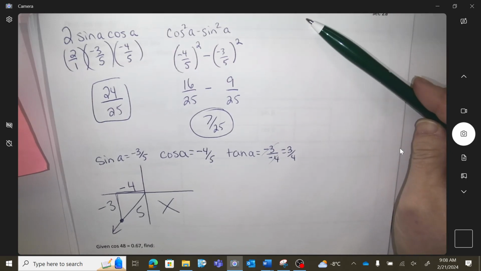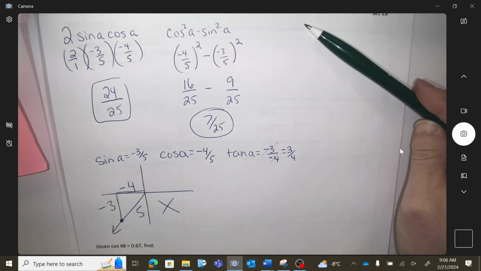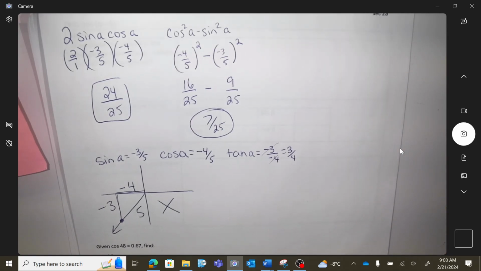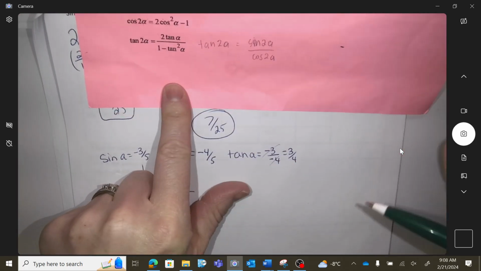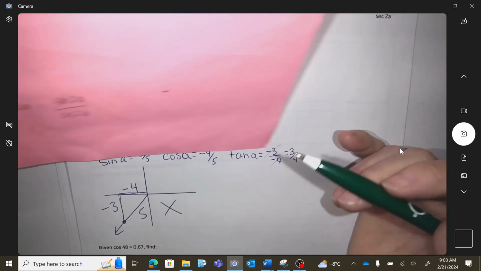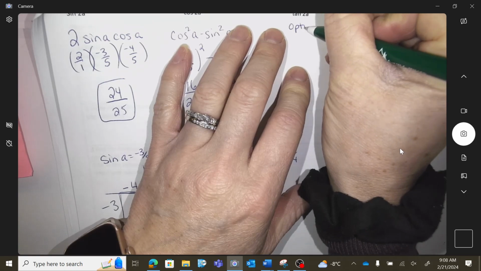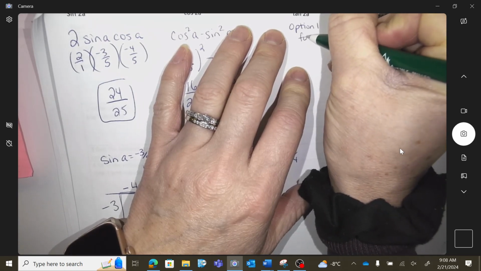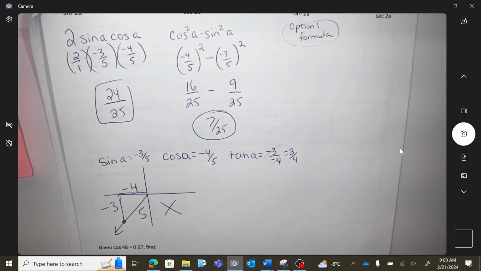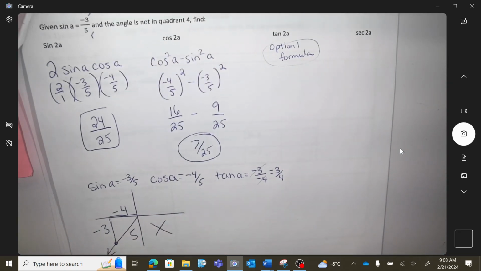Okay, so this one, you have two options on how to do this kind of question. So you could use the formula. Everybody can see there's a formula here. You could use that formula. I'm not going to. But option one, you could use that formula that you could see on your sheet there. Option two.